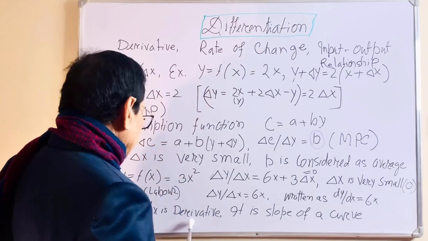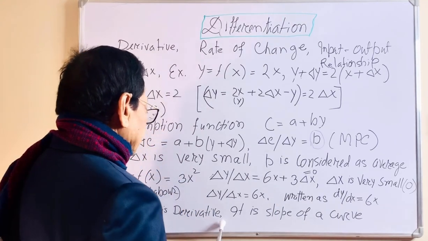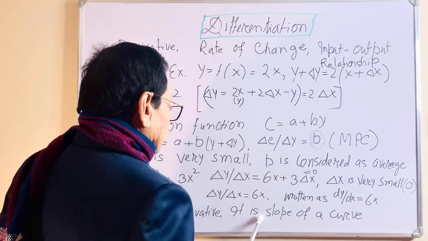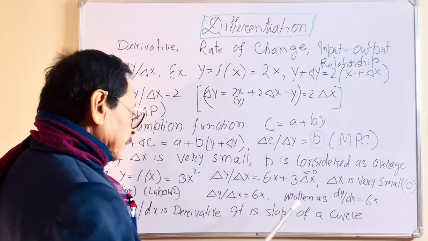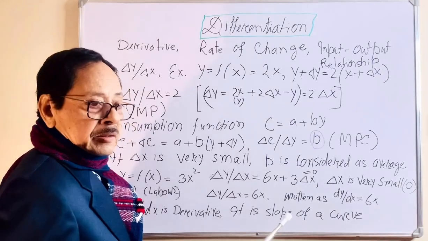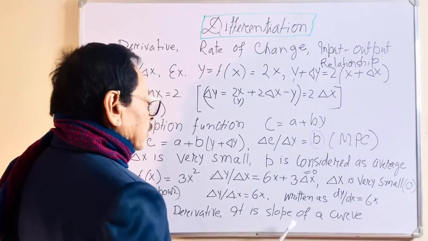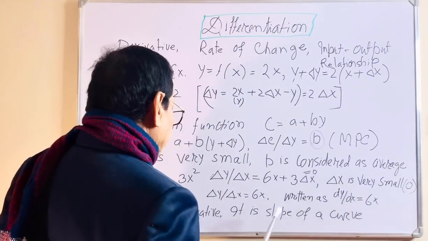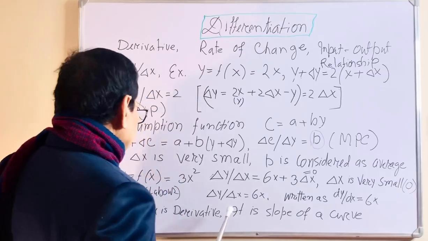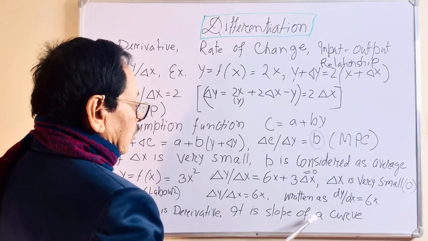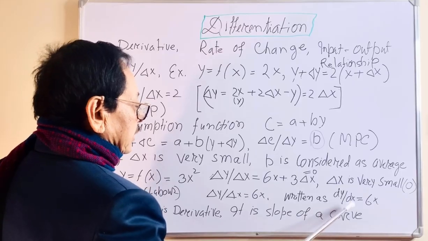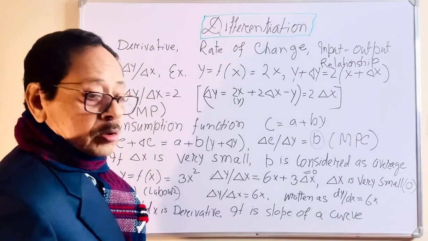So dy by dx is the derivative and it is the slope of a curve. Whether it is a straight line or a parabola, the value of B or dy by dx is called the slope of the curve.